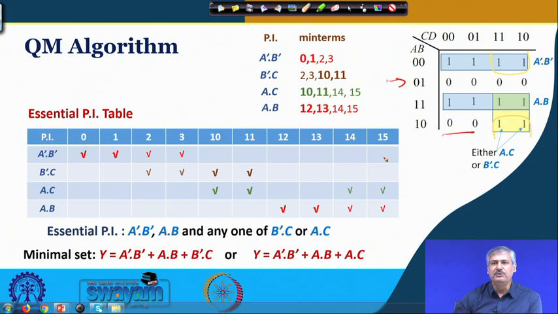Then we take the dual of it, which means AND becomes OR, OR becomes AND, and the inputs and outputs are complemented. So, F prime we have considered, so the output becomes F, and the inputs just get complemented, and then AND becomes OR and OR becomes AND, which means we get the POS representation.